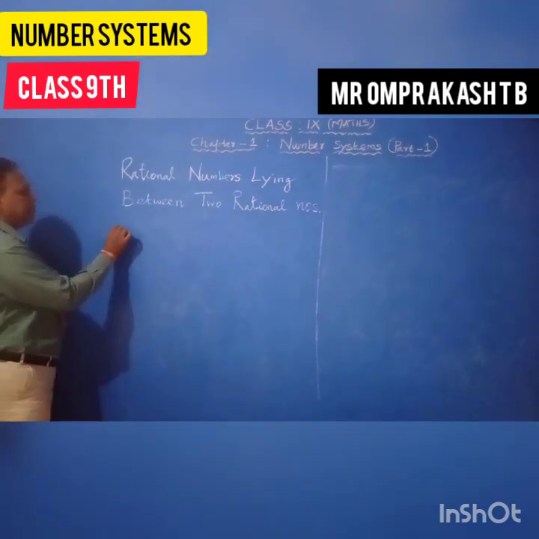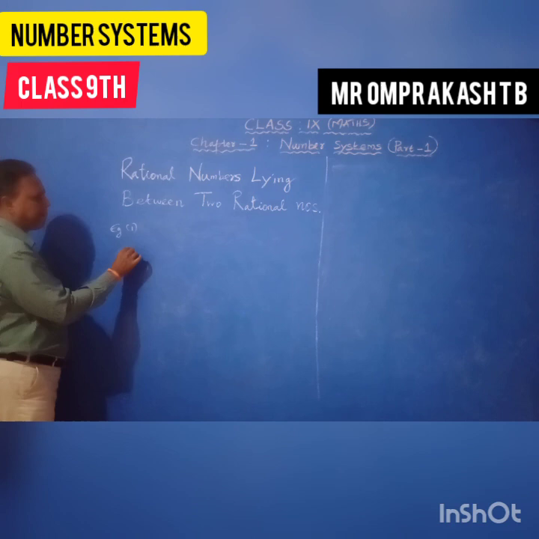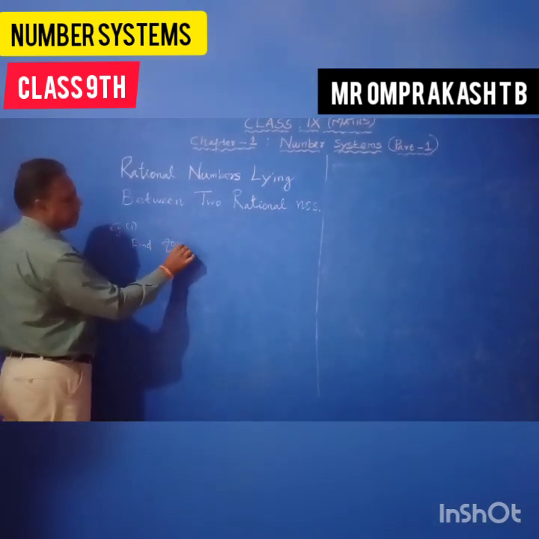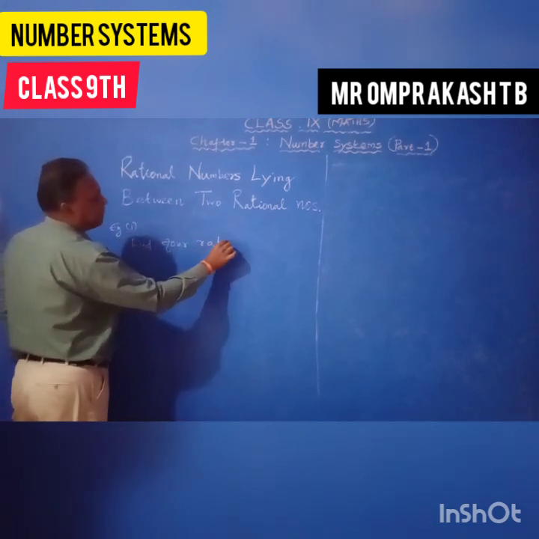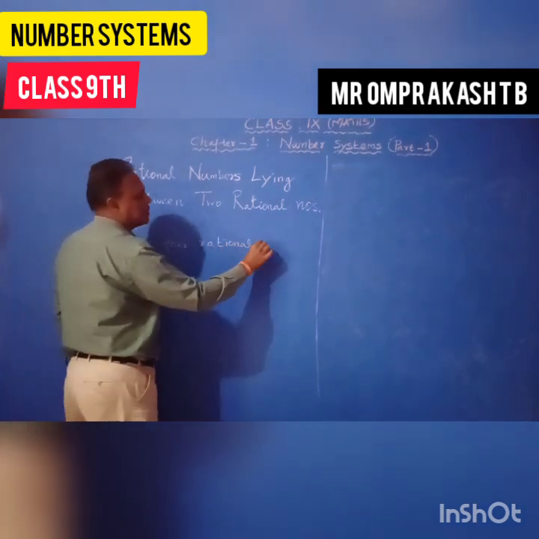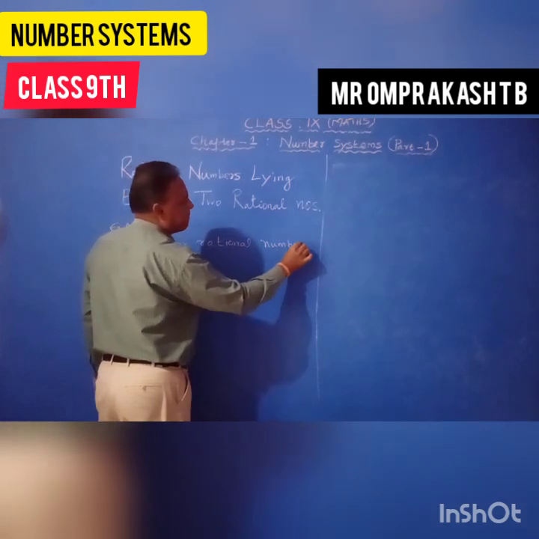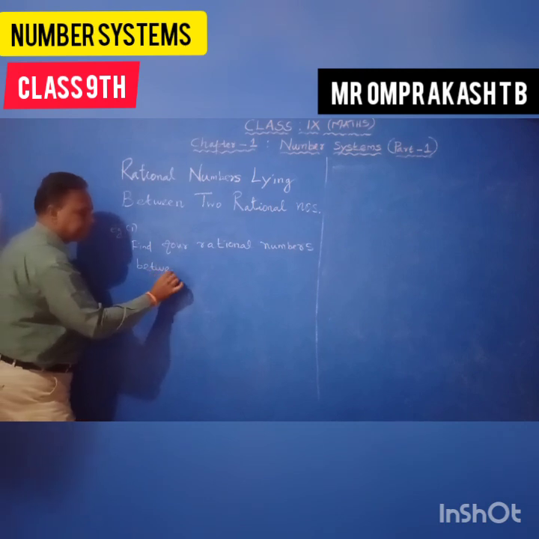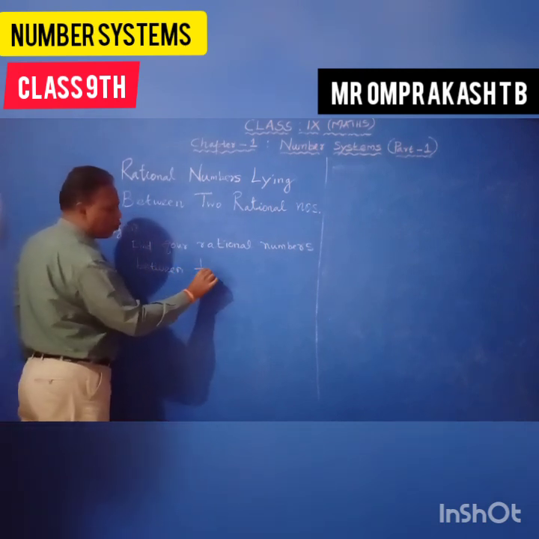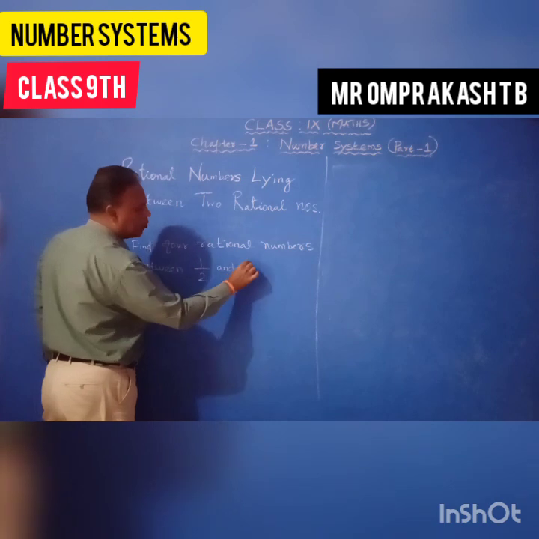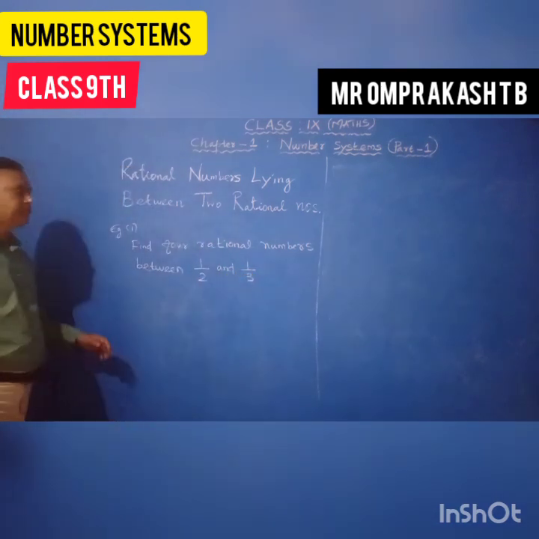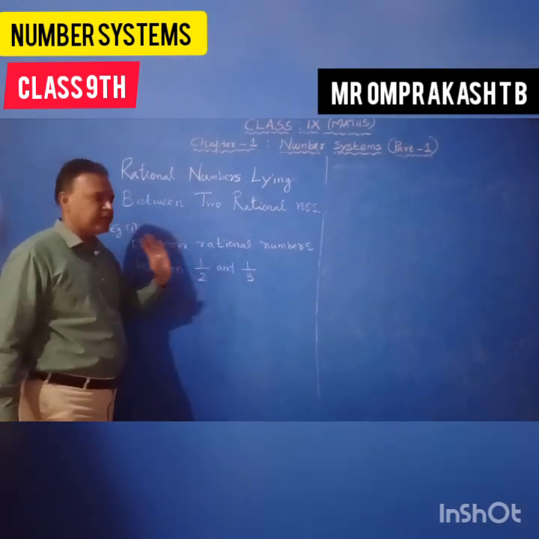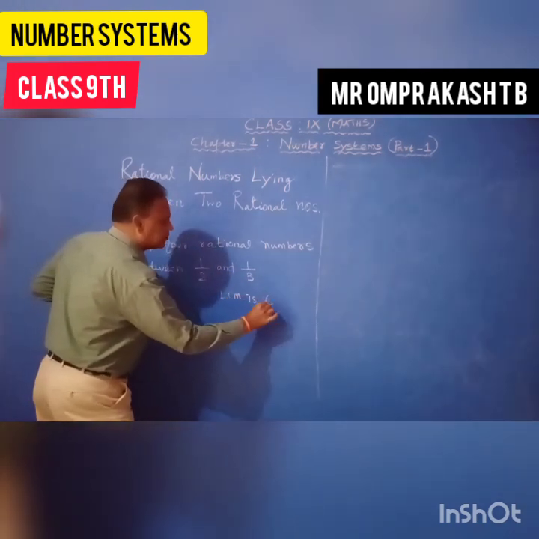See, for example, find 4 rational numbers between 1 by 2 and 1 by 3. Now we have to find out 4 rational numbers between 1 by 2 and 1 by 3.